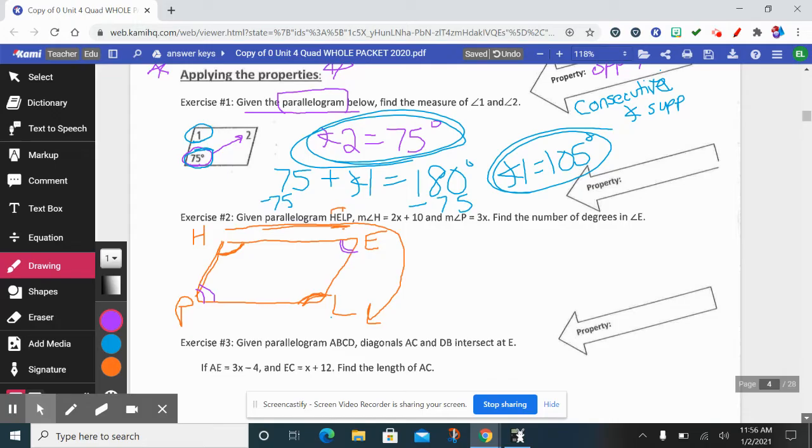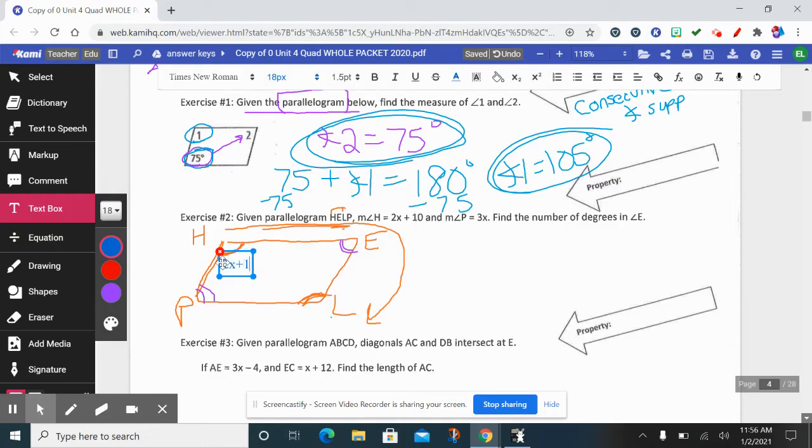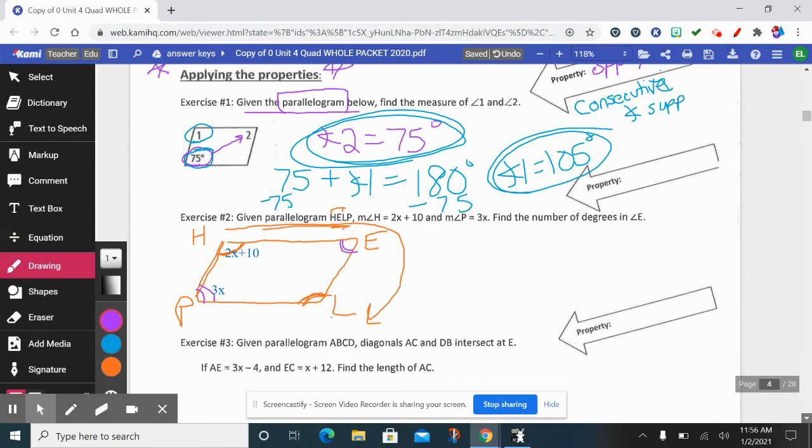So if the H angle, measure of angle H, here is represented by 2x plus 10. I'm going to kind of type that in. 2x plus 10 is the H angle. And angle P down here is going to be 3x, okay? Those two angles fall next door to each other.